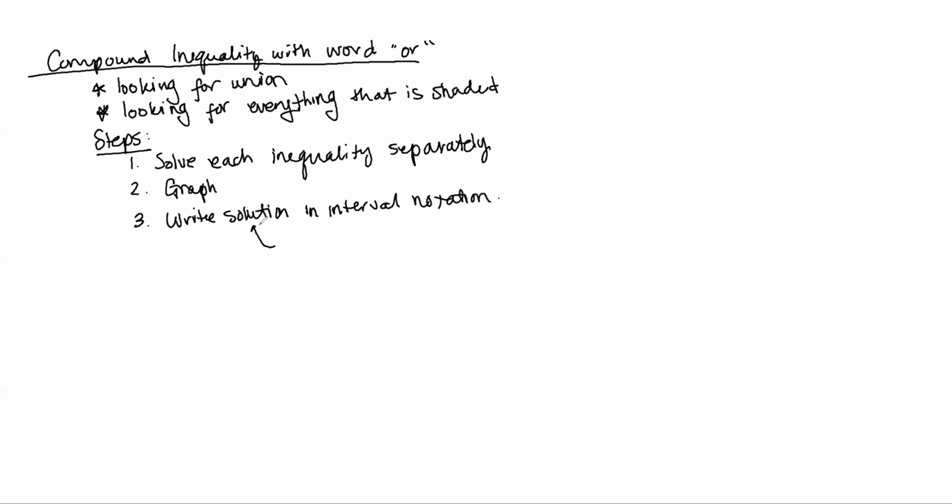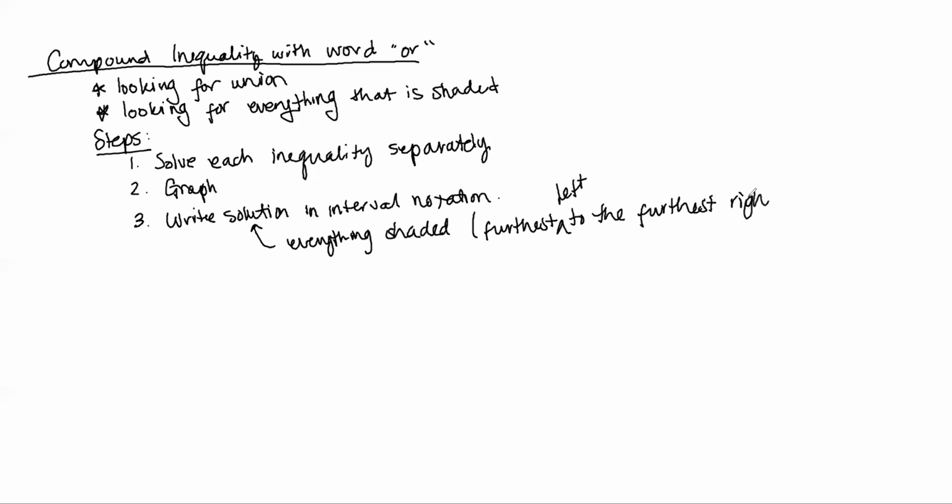And remember, a solution for this one is everything that's shaded. So everything shaded, from the furthest left to the furthest right, and that's on both graphs.